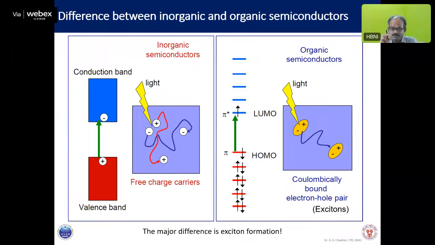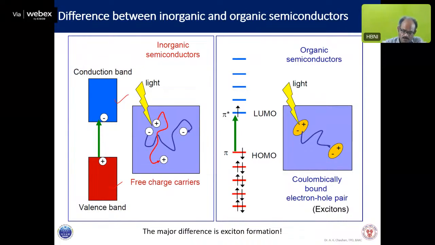Because the periodicity is throughout the crystal, and if it is a perfect crystal, throughout the entire crystal, you get bands, and those bands are throughout the crystal. So in inorganic semiconductors, you have valence band and conduction band, and these are throughout the crystal.